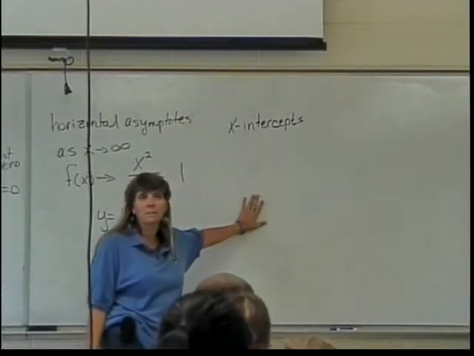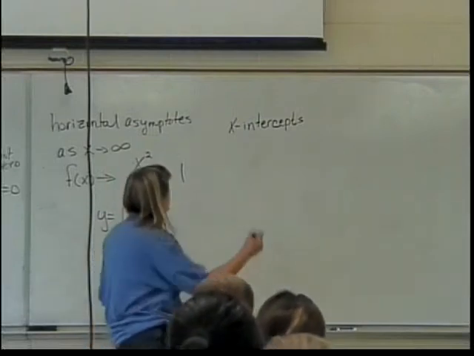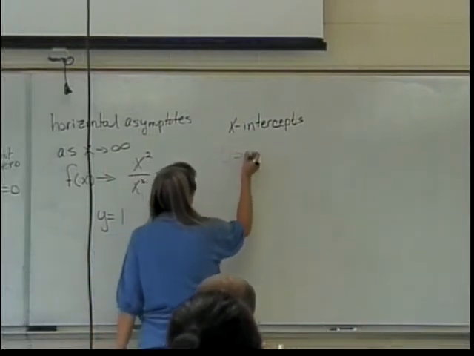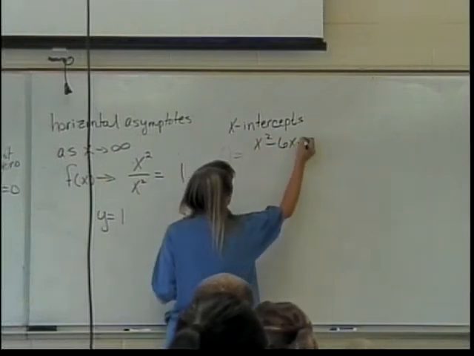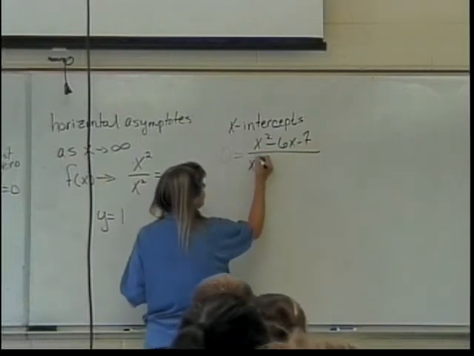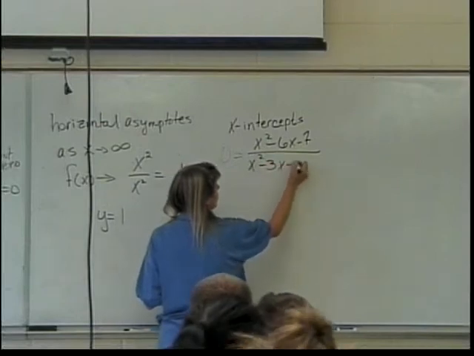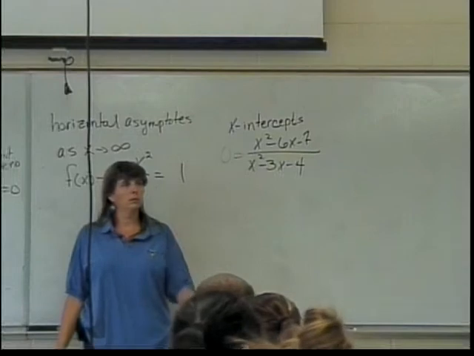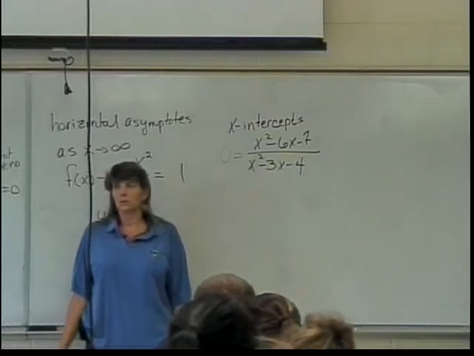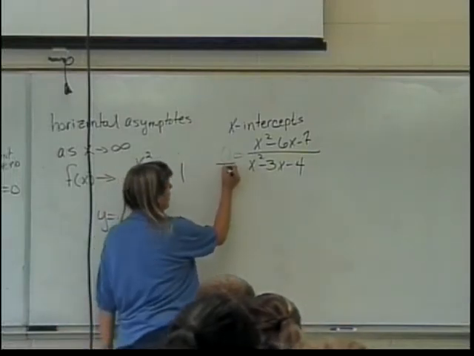x-intercepts, how do I find them? So y equals 0. So I've got 0 equals x squared minus 6x minus 7 divided by x squared minus 3x minus 4. All right, so what's step 1? Cross multiply. Put a 1 under here.